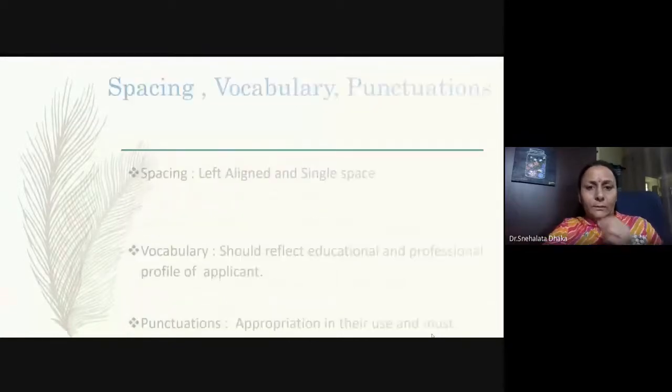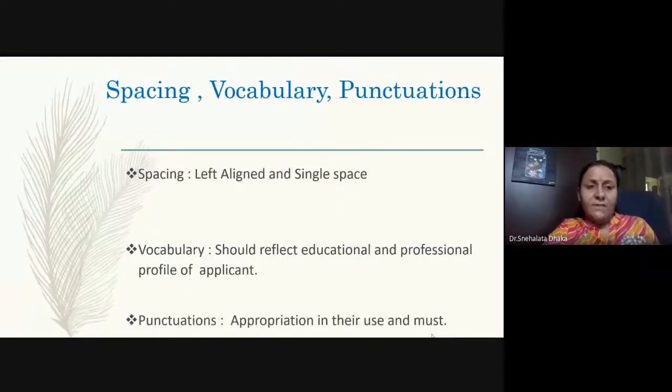Now, we have discussed the steps. So let us check the spacing, vocabulary, and punctuation. Spacing, as we have discussed earlier, I gave you the hint that in full block format, all the steps should be left aligned, and there should be a single space between the steps of the letter.